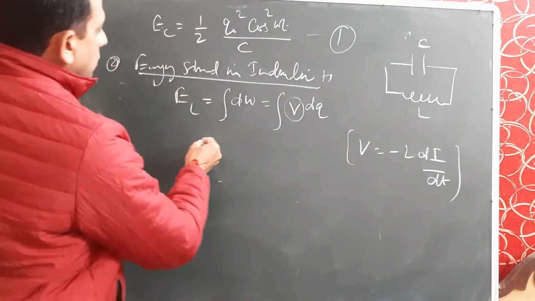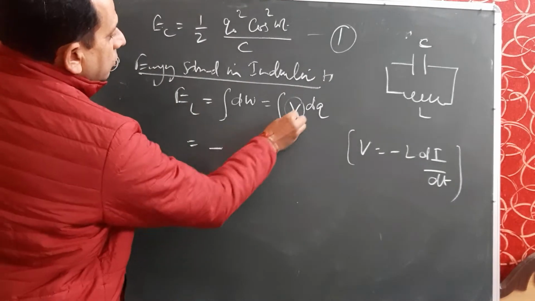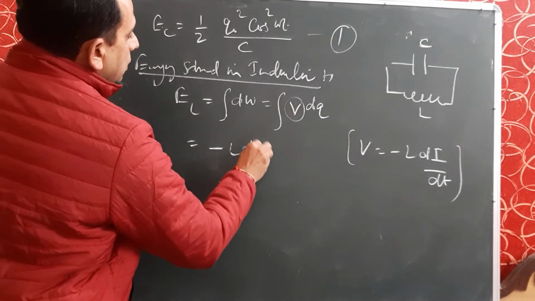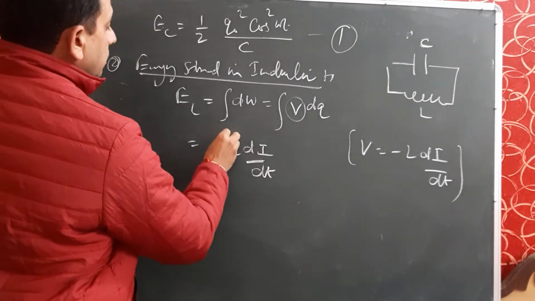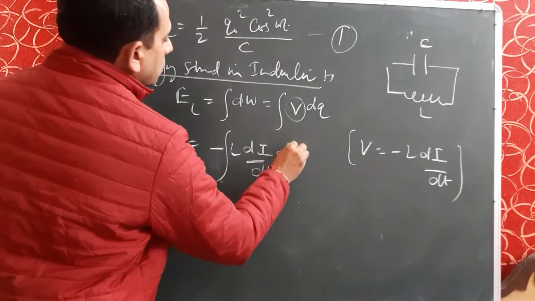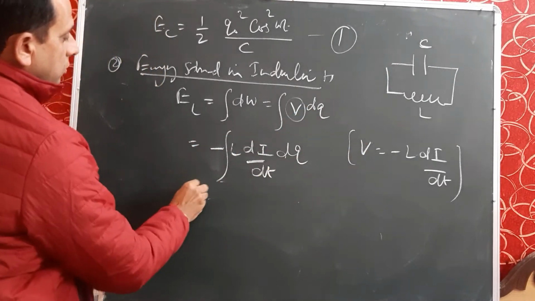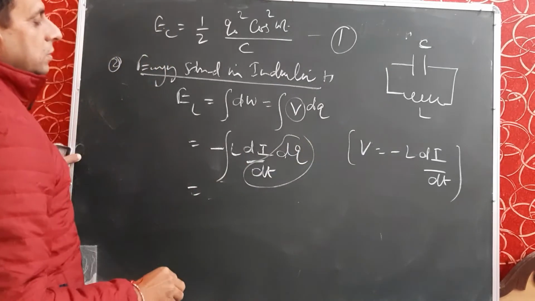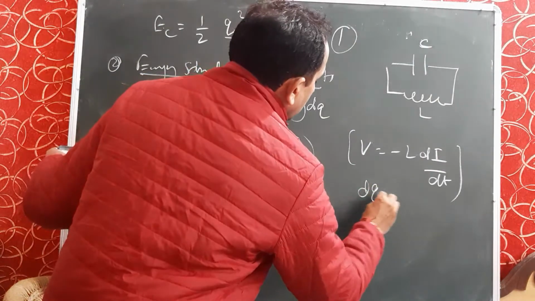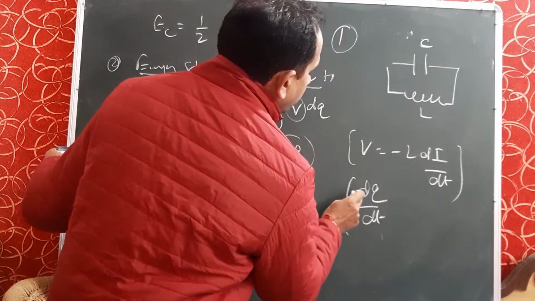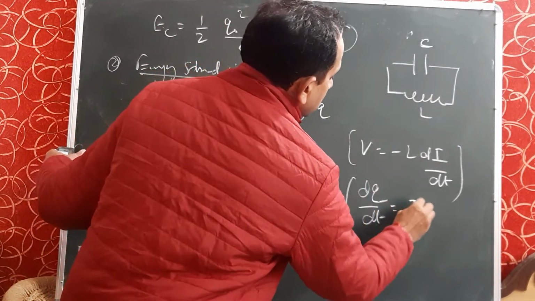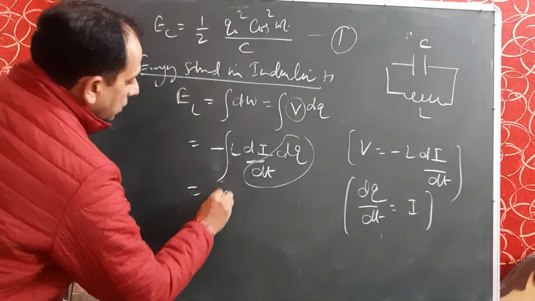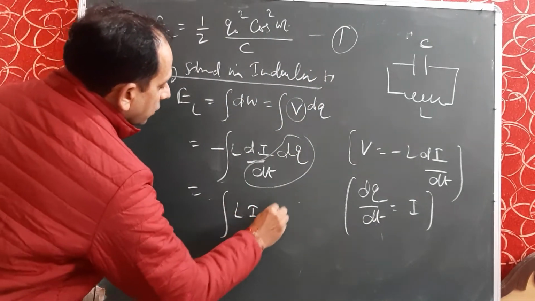So, we will put the value V here, that is L di upon dt, integral into dQ. So, this dQ by dt becomes current. You know that the rate of change of charge with time is current. So, it is integral of L into I into di.